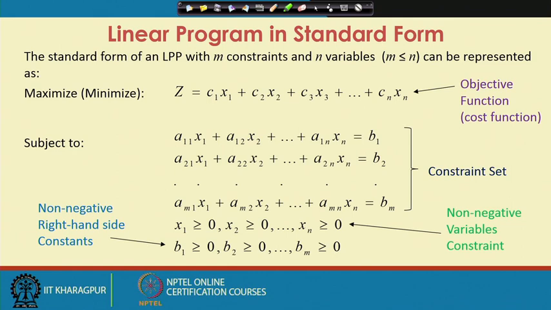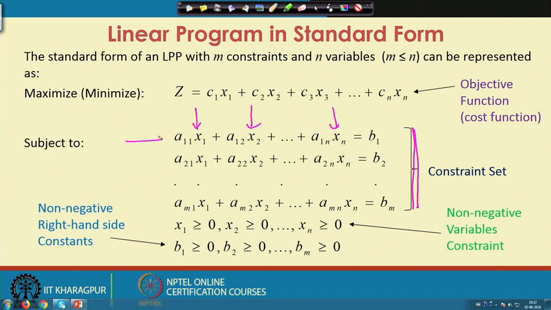Then all the constraints are written as equations. a 1 1 x 1 plus a 1 2 x 2 up to a 1 n x n equal to b 1. So, you have n variables x 1, x 2 up to x n, and you have m constraints.